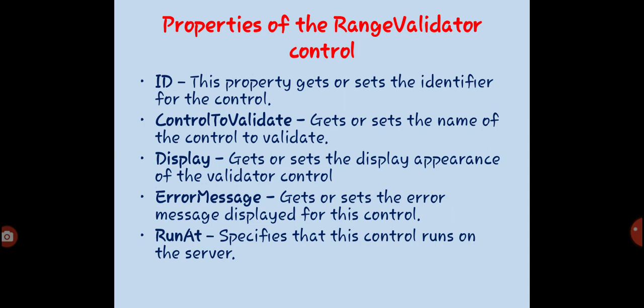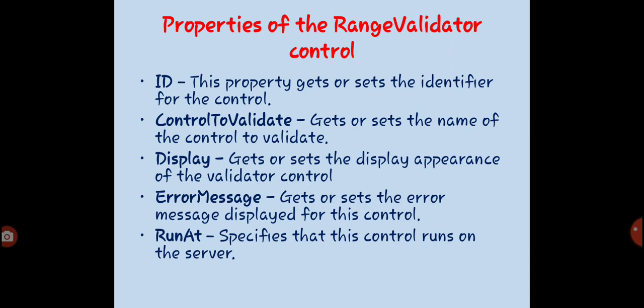Then Display. Display sets or gets the appearance of the validator control. It may be invisible or visible, and we can set that visibility using the Display property. Then ErrorMessage, which is the message that we give to specify the error. That is user defined.